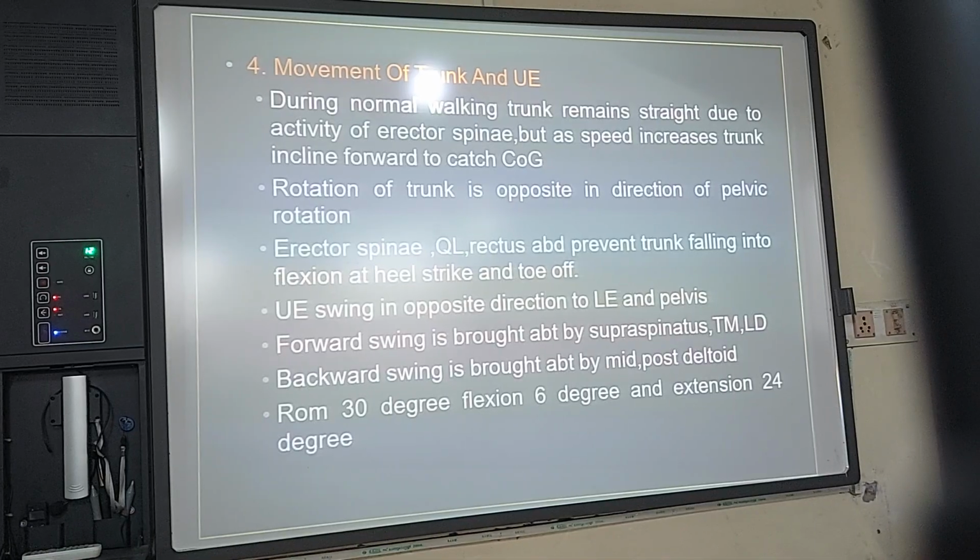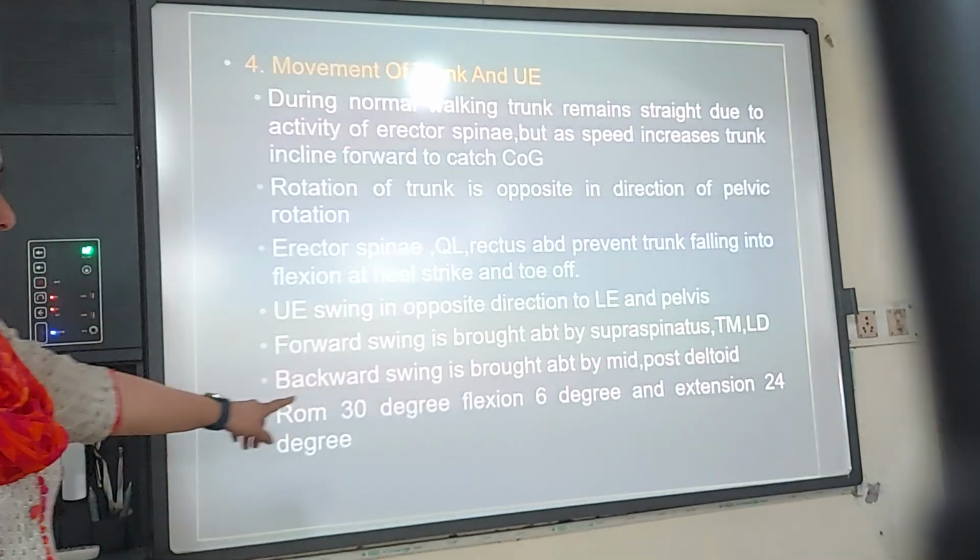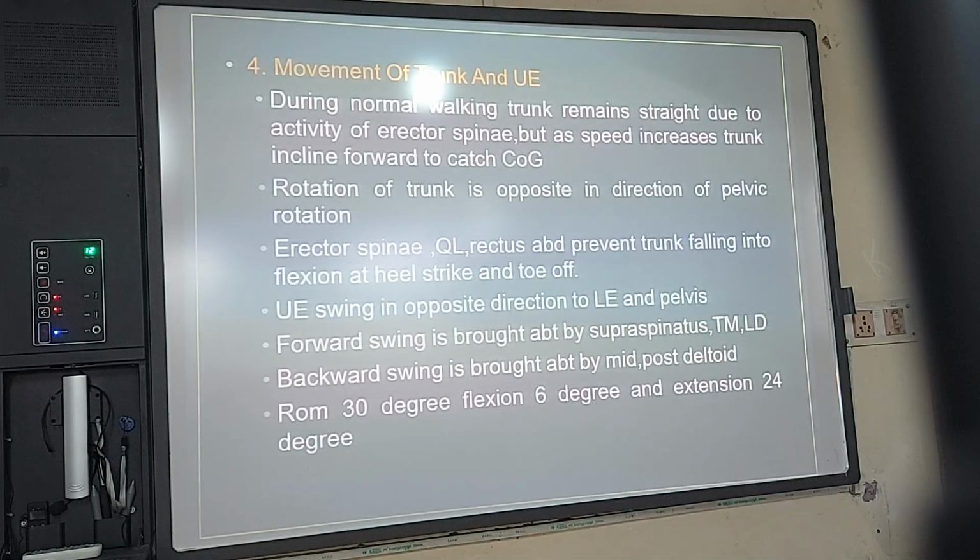So the total range is 30 degrees. Fine. This was the movement of the trunk and upper limb. Flexion is 6 degrees and extension is 24 degrees.